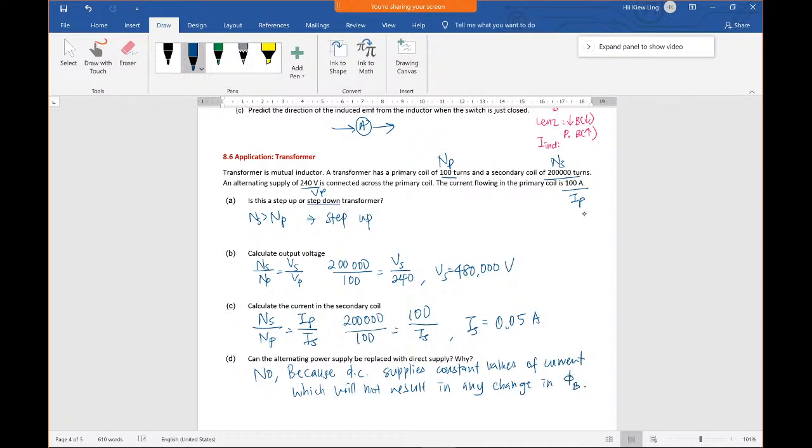Okay, because direct current will only provide a constant value of current, which will not result in any change in magnetic flux, unless you go and hire someone to stand in front of the switch and keep turning the switch on and off. Okay, then it is feasible. However, we would say it's not economic to do so.